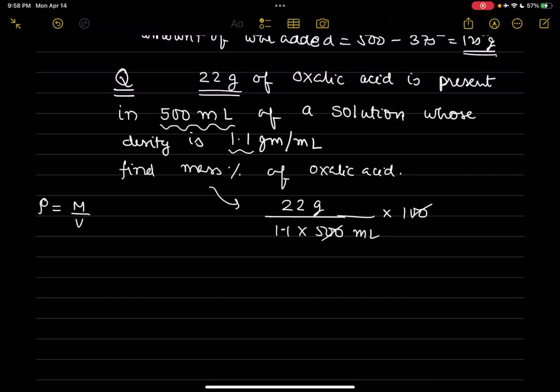It is 11 into 2 is 22, 20 by 5. So it is 20 by 11 into 2, which is 220 by 11, is 20. And 20 by 5 is 4%.